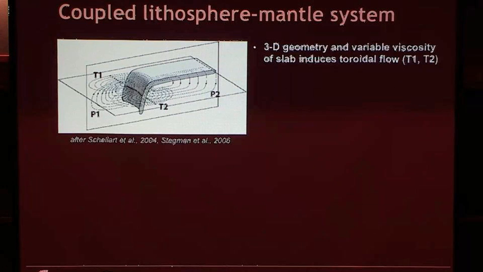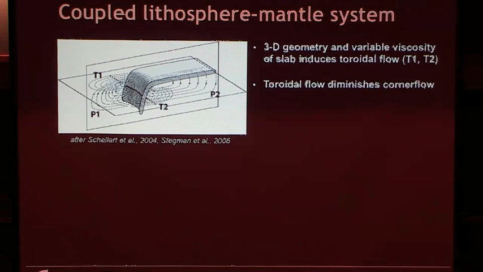This toroidal flow swamps out part of that wedge circulation and the classic corner flow that we've had since the 70s, because this horizontal flow coming around is driven by pressure gradients, and pressure gradients are established between the subducting plate and the overriding plate.